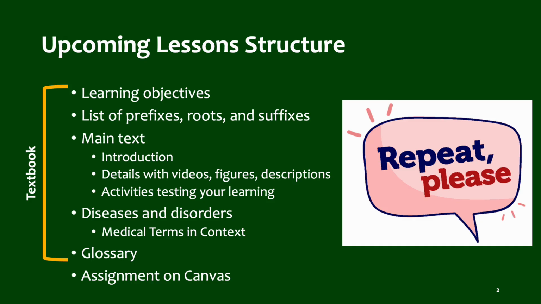And then the main text begins with a blurb of introduction and details in multiple blocks, and they have videos, figures, detailed descriptions with sprinkles of activities to test your own learning. And then the text shares key diseases and disorders of the specific system that the chapter is on.